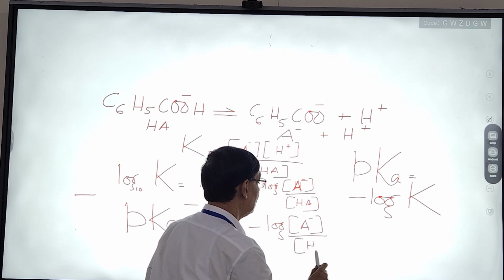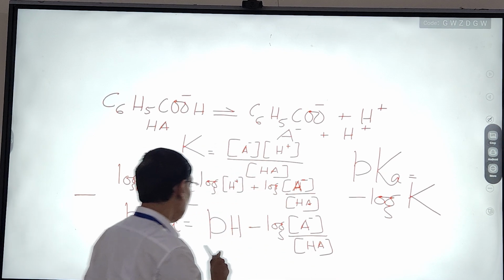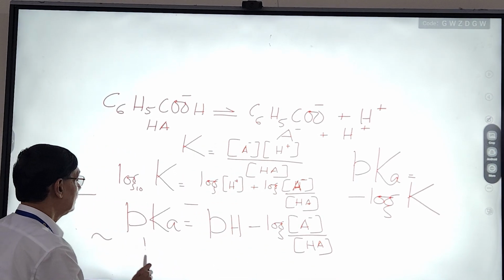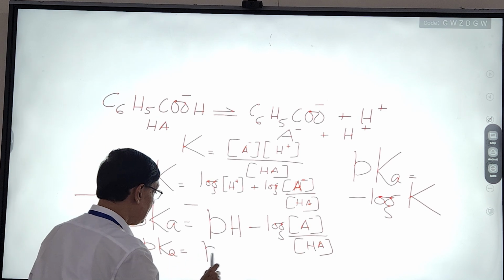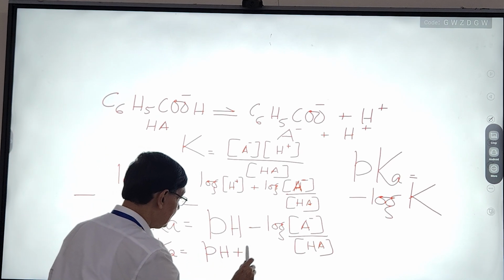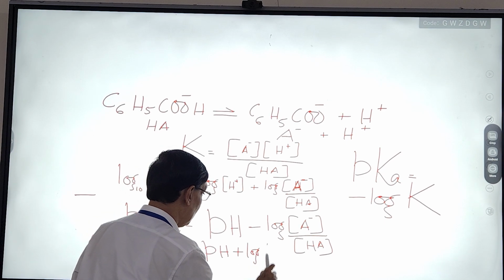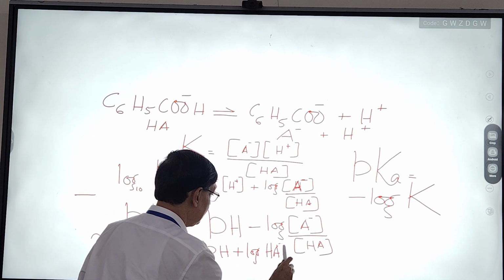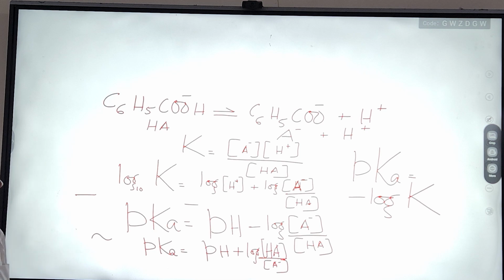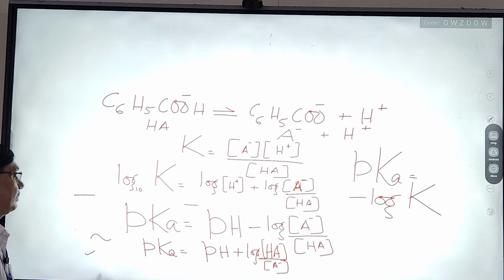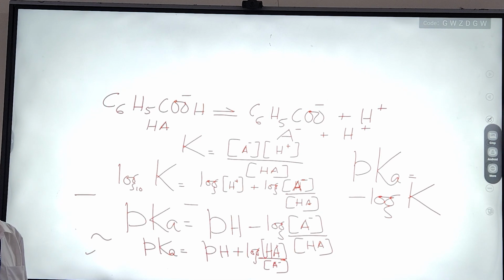So I can write pK is equal to pH plus log of HA, whatever the acid, and A negative. So this is actually the Henderson equation.